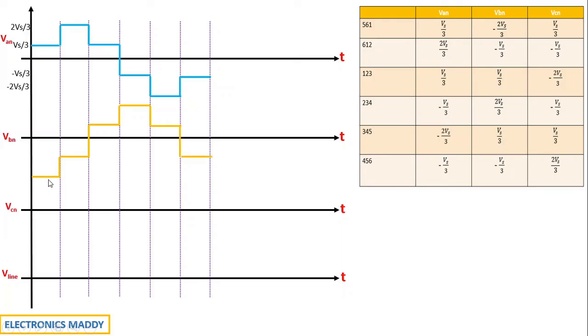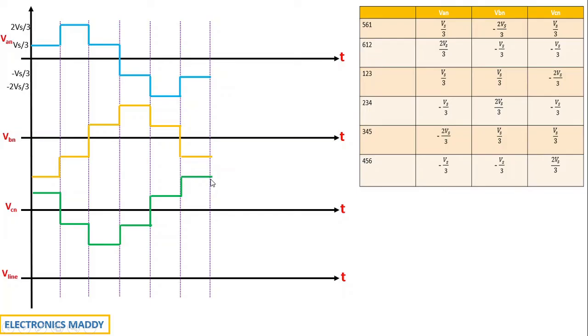So basically you are starting from minus 2 Vs by 3, going to minus Vs by 3, going to plus Vs by 3, and then 2 Vs by 3, and then Vs by 3, minus Vs by 3, exactly according to this. And how do we draw for VCN? You're going to start from Vs by 3, go to minus Vs by 3 and then minus 2 Vs by 3, and then minus Vs by 3 again, and then go to plus Vs by 3 and then go to plus 2 Vs by 3.